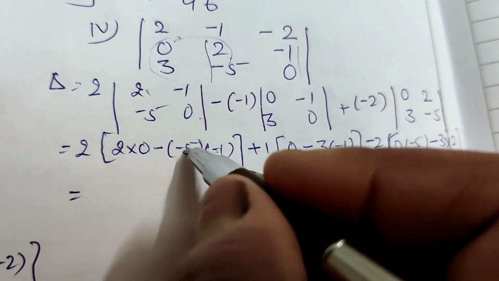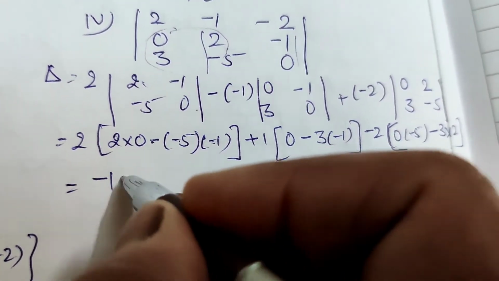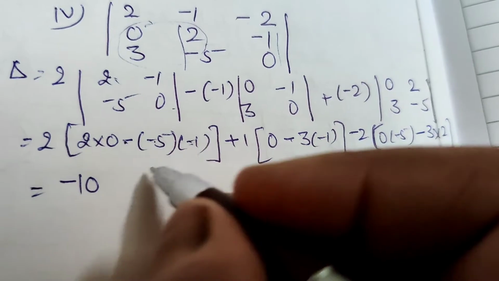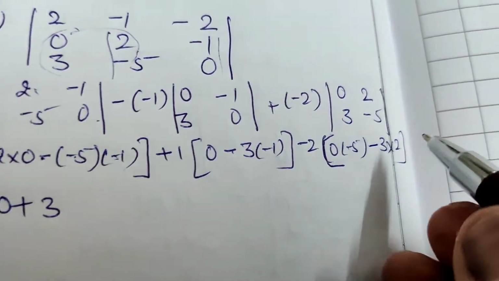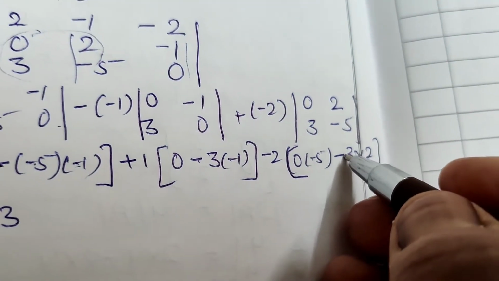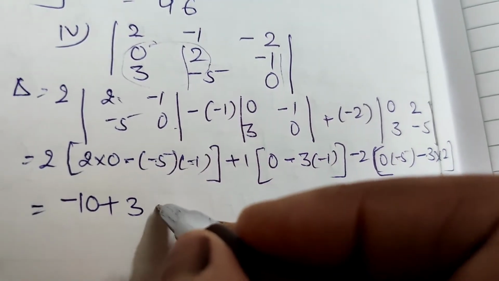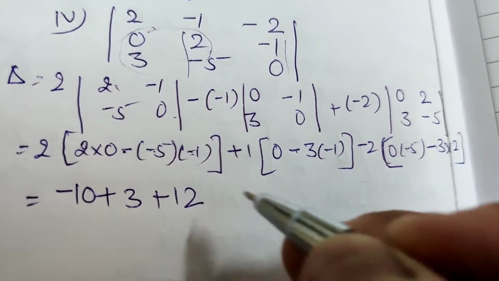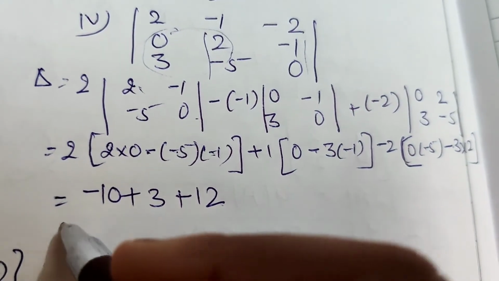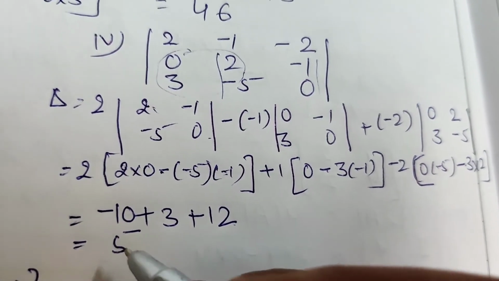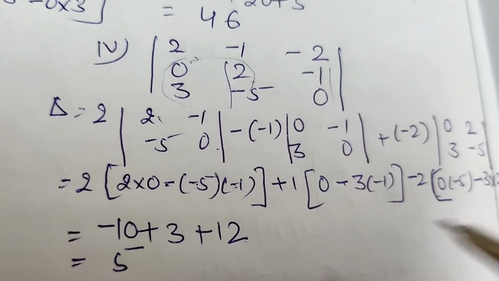The value: 5 minus 5, no, 10 plus 3 and minus 6 plus 12. 12 plus 3, 15 minus 10 equal to 5. The value of this determinant is equal to 5.